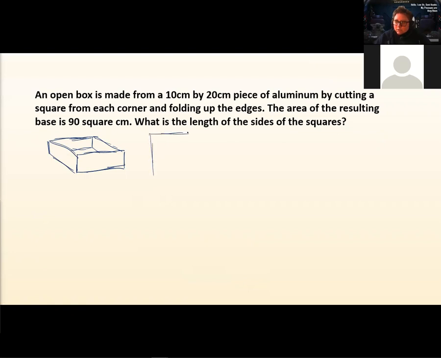So it looked like this, and this was 10, and that was 20. And they took a square out of each corner, cut that out and then folded it up. And it says the area is 90 square centimeters, and it wants to know the lengths of the sides.